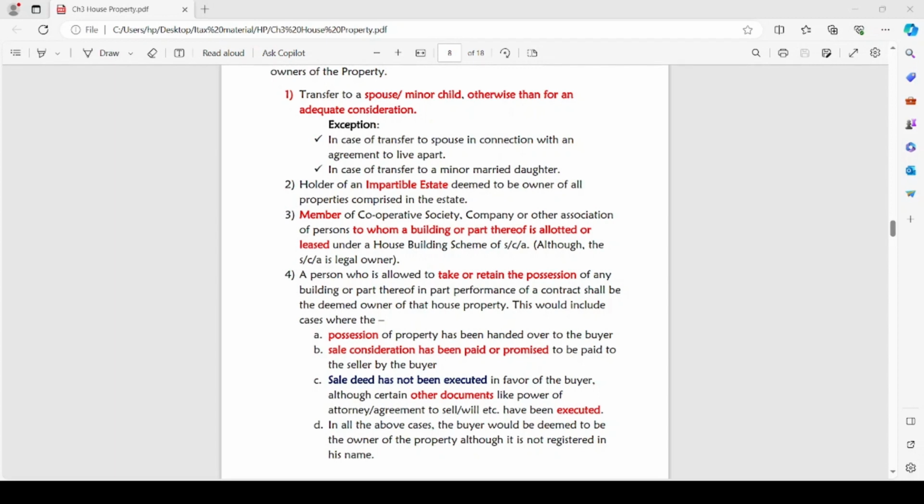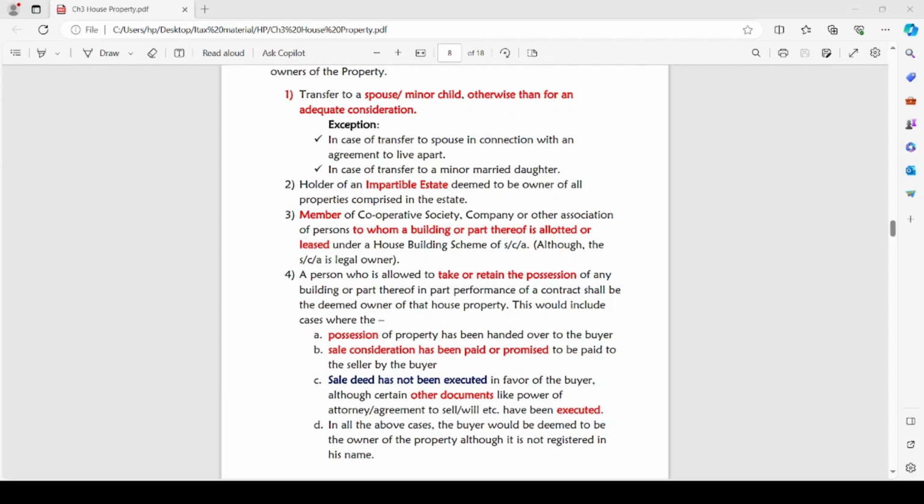The next case, the third case, is a member of a cooperative society, company or other association of persons. Here the member will be deemed owner. A member of a cooperative society or company or other association of persons will be deemed owner of property if a building or part thereof is allotted or leased to them under a house building scheme of such entity.